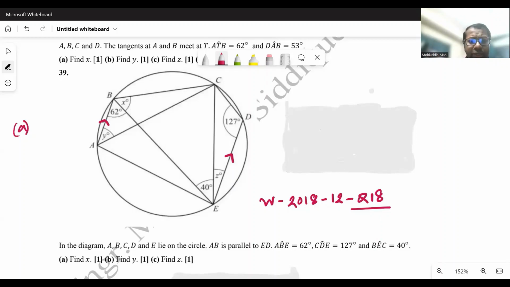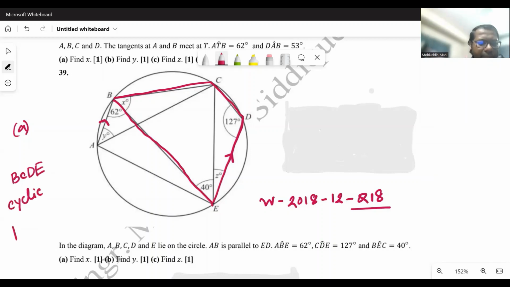Now look at the quadrilateral BCDE. So this is a cyclic quadrilateral BCDE. What is a cyclic quadrilateral?